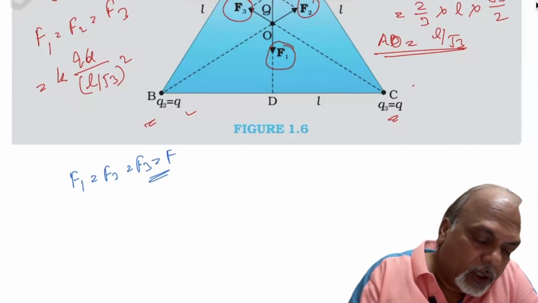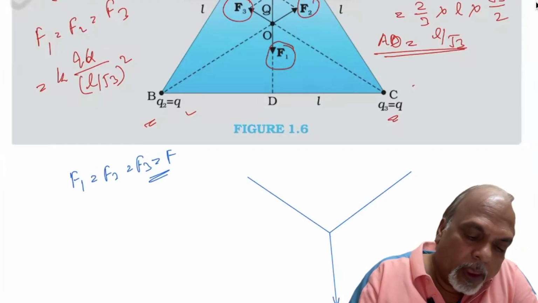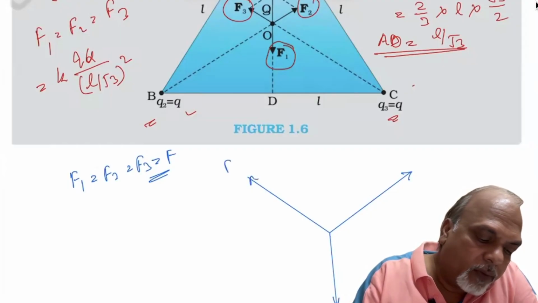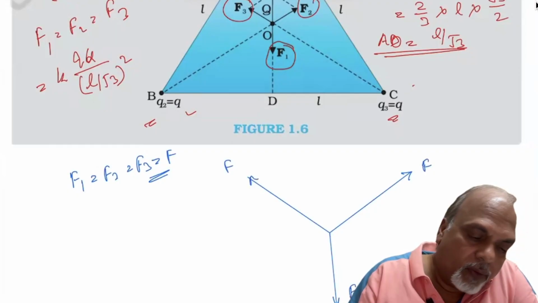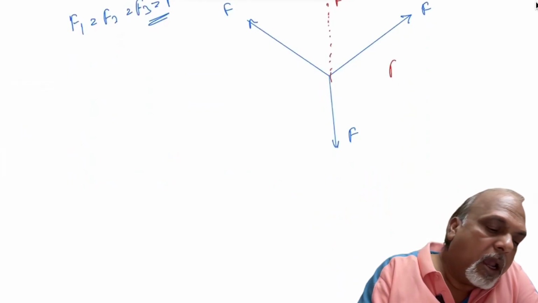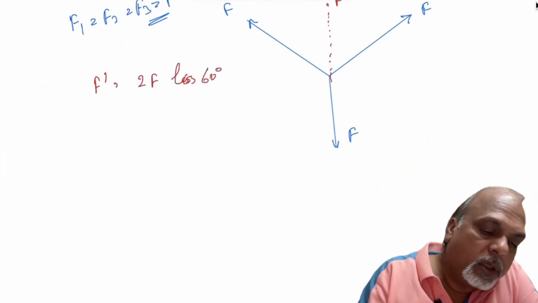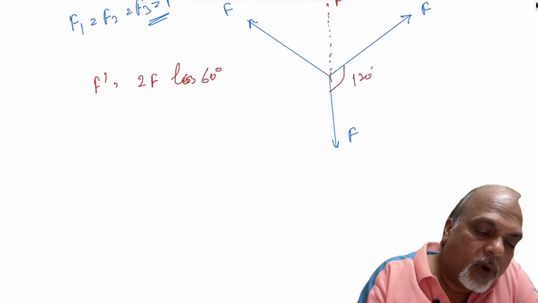Now geometrically if you see, these three forces are there, F, F and F, and if we resolve the resultant, suppose this is F dash, F dash is nothing but 2F cos 60 degree, because all these three forces are at 120 degrees to each other.